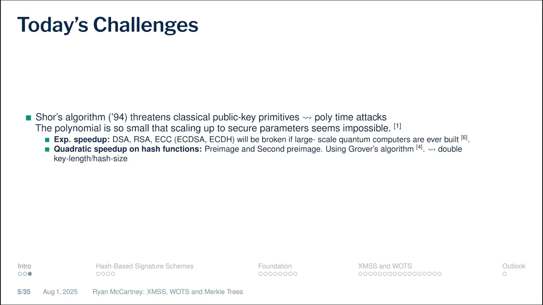But we can mitigate this problem because it's not an exponential speed up: we just double the hash size. So even though hash-based signature schemes are also affected by Grover's algorithm, they aren't affected as much as DSA, RSA, or elliptic curve cryptography. That's why we are looking at them today.